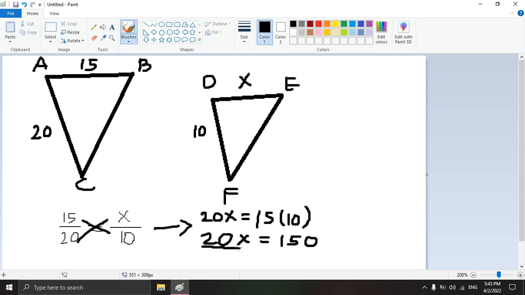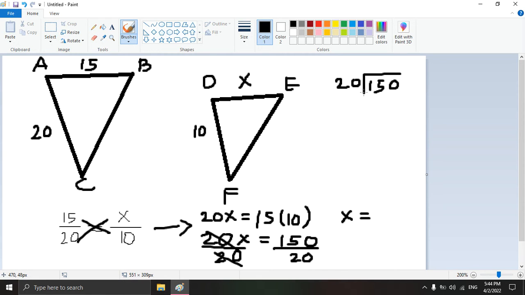Then divide both sides by 20. So you have the value of X. On the left side, it cancels out. So the value of X is equal to 150 divided by 20.